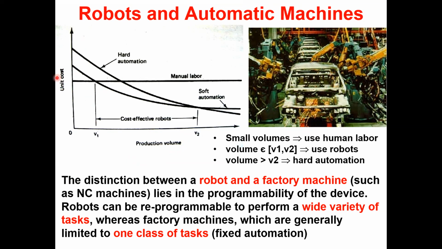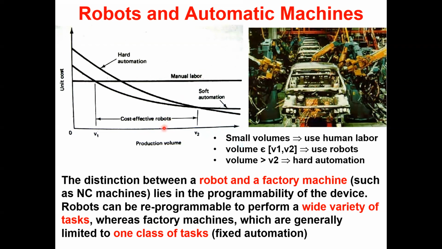Very generic, okay? So if you use manual labor in your production lineup, no matter how big or small your production volume is, the unit cost stays flat. Whether it is a small quantity or large quantity, the unit cost stays flat if you use manual labor.